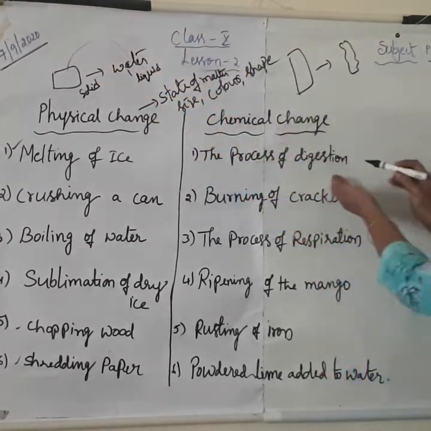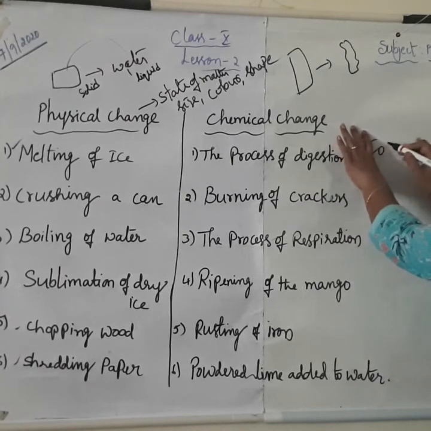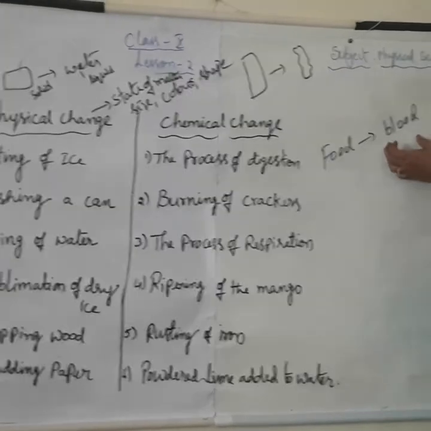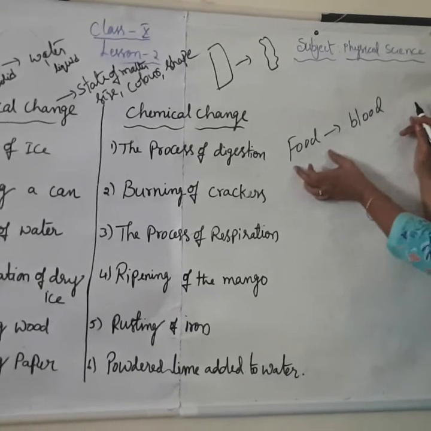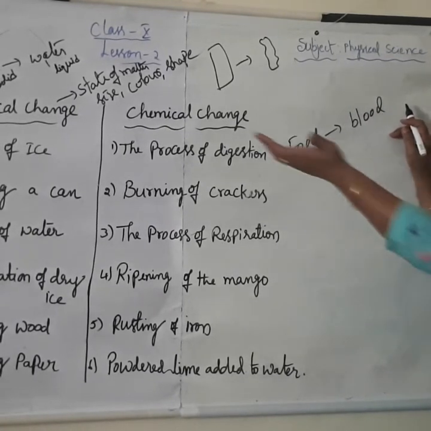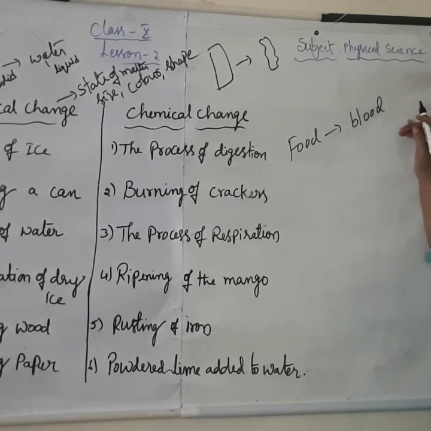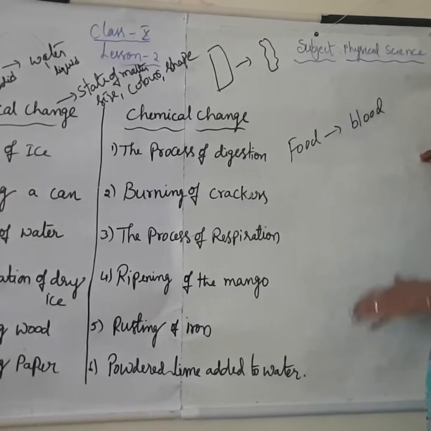Here, when you take food, after the reaction it changes into blood. So these two are not the same, unlike in physical change. Here you always get a new substance.